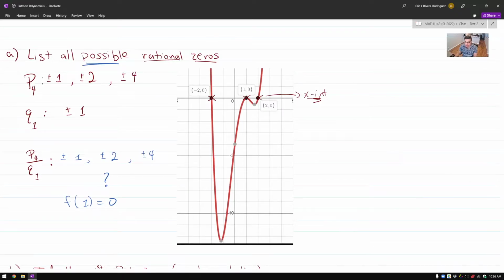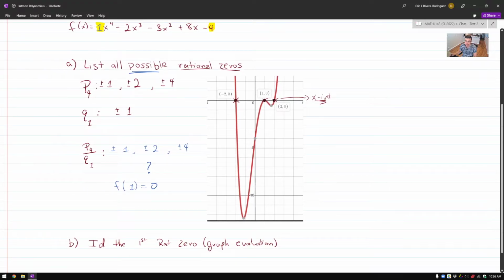They are x-intercepts because whenever we plug those values into the polynomial function, the y value is going to be equal to 0. Here the y value is 0, here it is 0, and here it is 0. The y value is the value of the function. Remember, f of x is equal to y.